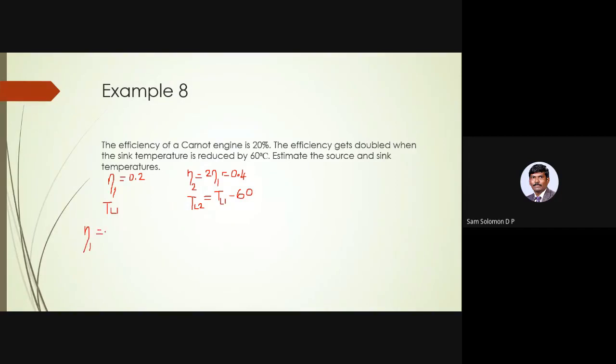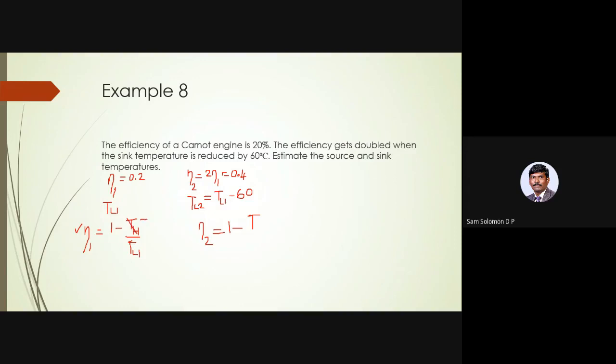So eta 1 is 1 minus, the source temperatures are going to be the same, so 1 minus TL1 by TH. Sorry, I have written this wrong.